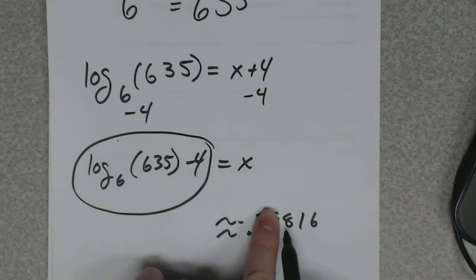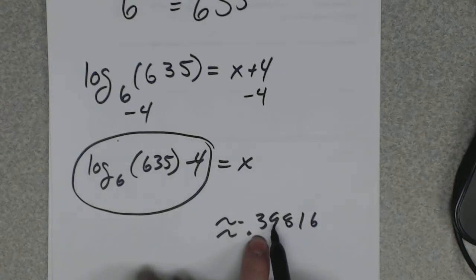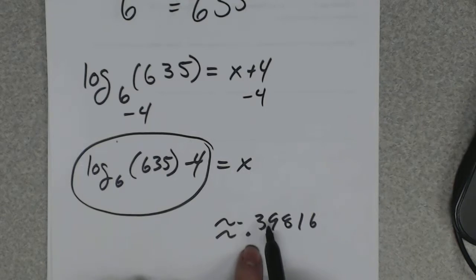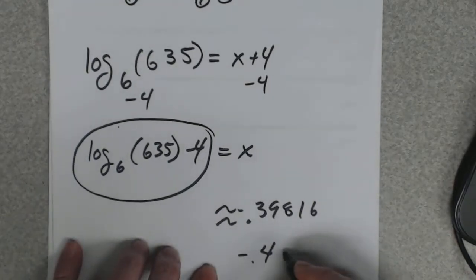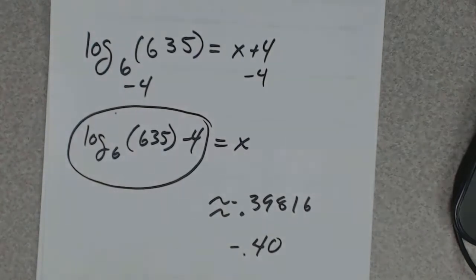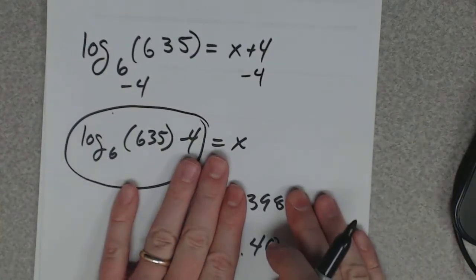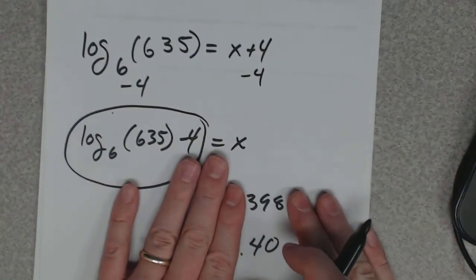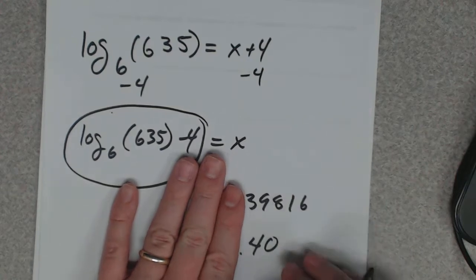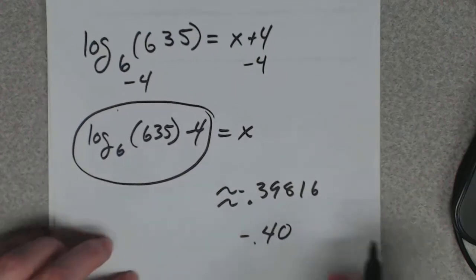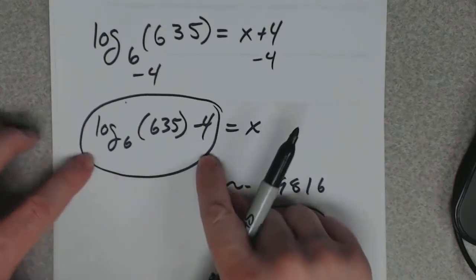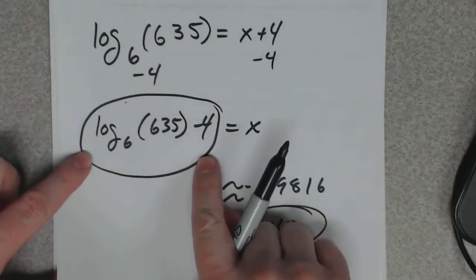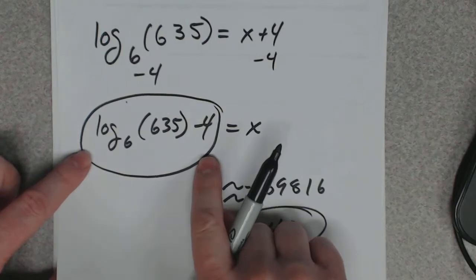The 8 will make the 9 go up a spot, and that makes the 3 go up a spot. So rounded to 2 decimal places, it's negative 0.40. So the decimal approximation is negative 0.4, and the exact answer is log base 6 of 635 minus 4.